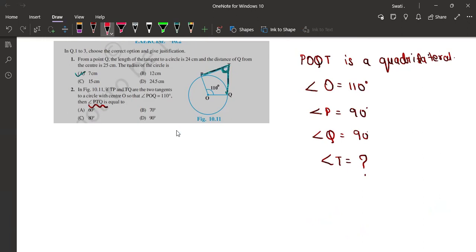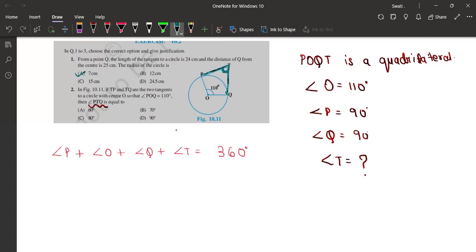So using that property, can we not write down that angle P plus angle O plus angle Q plus angle T will be equal to 360 degrees. This is a property of a quadrilateral, Manya.